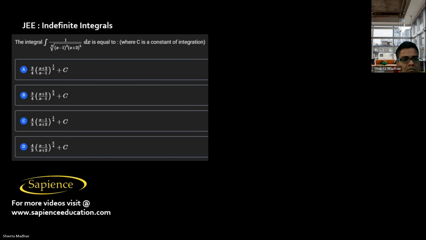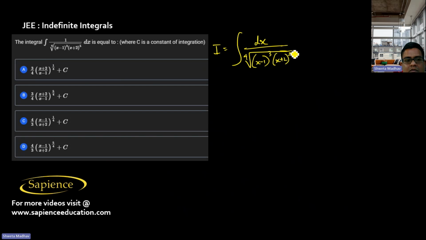Then it is told to find the integral I, let's call it I, integral dx by fourth root of x minus 1 whole power 3 into x plus 2 whole power 5.